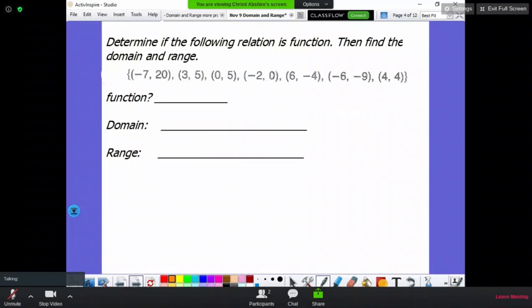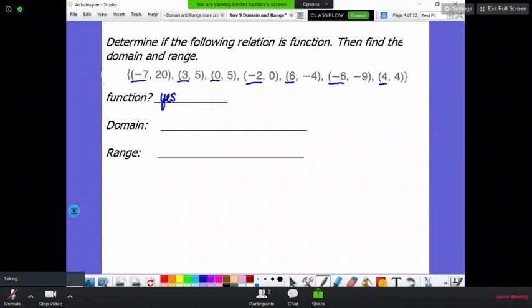So here's a second example like that. First, I need to determine if it is a function. So I look at my x values: -7, 3, 0, -2, 6, -6, and 4. There are no repeats on my domain, so yes, this is a function.